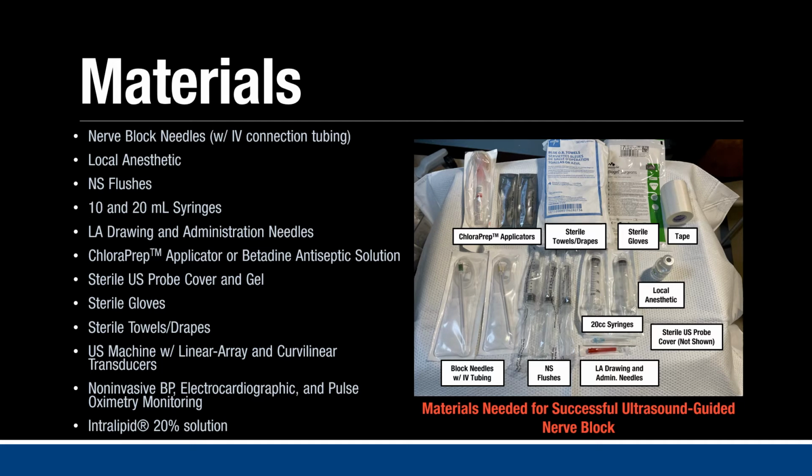And then lastly, you want to make sure you have resuscitative equipment, including intralipid 20% solution, readily available at the bedside in case we have a case of local anesthetic systemic toxicity that arises.